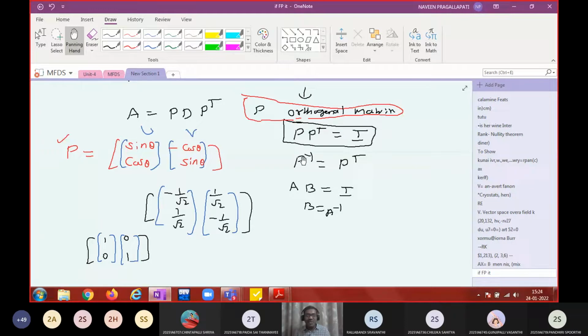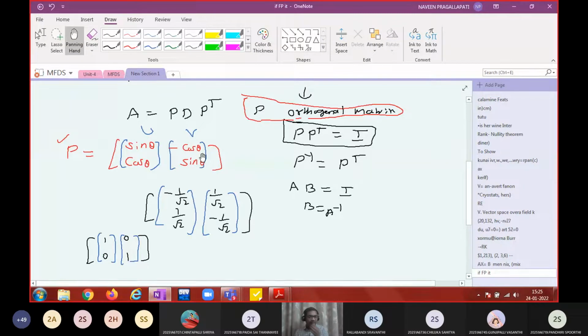Not only orthogonal, find out the norm of each vector. What is the norm of this vector? What is the norm? Under root of sum of squares. What is the root of sin square theta plus cos square theta? 1. What is the norm of this? 1. So these are orthogonal vectors whose norm is 1. That means these are nothing but orthonormal vectors.